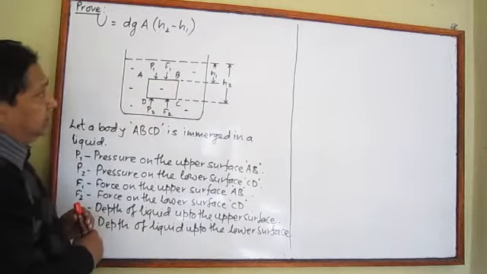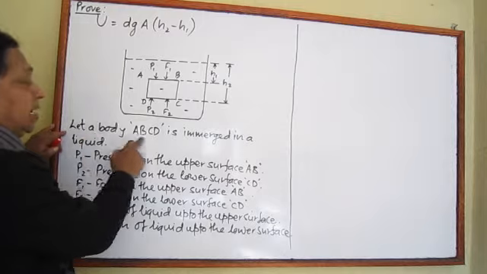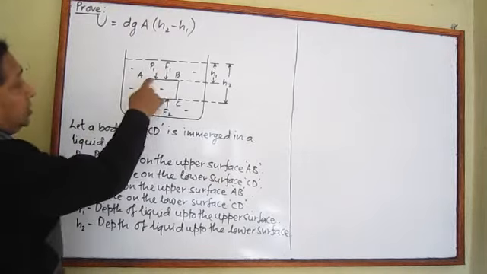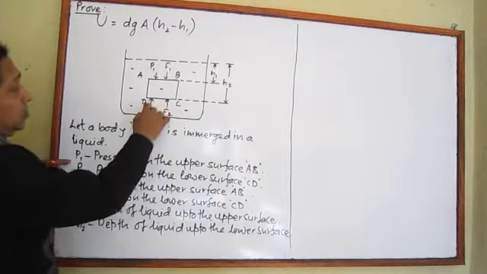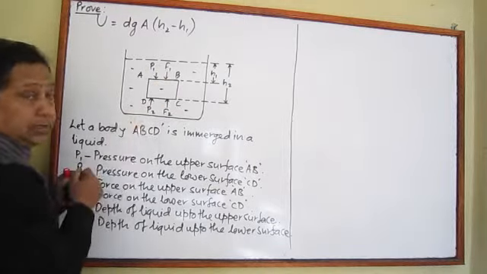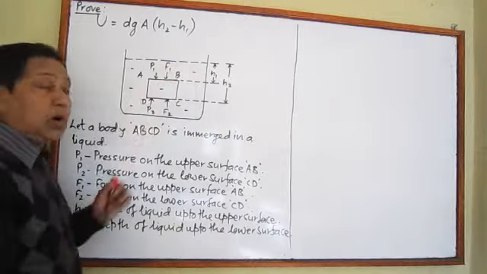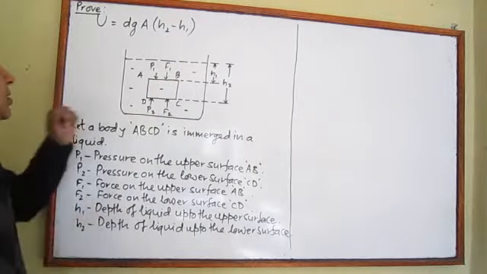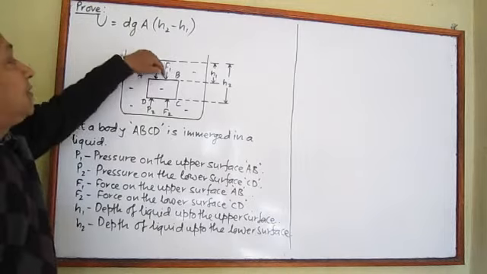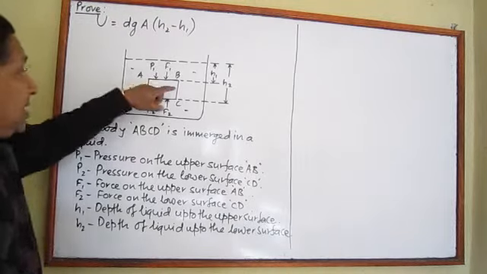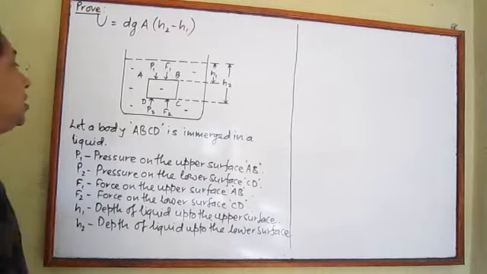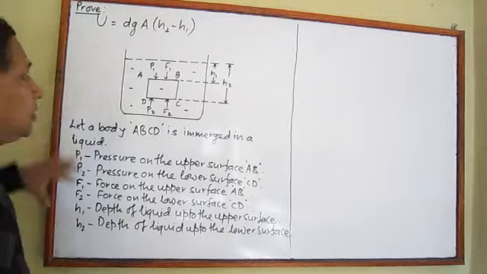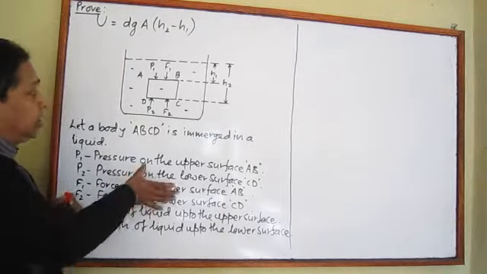Imagine it, and look at this, let a body ABCD be immersed in a liquid, and P1 is the pressure acting on the upper surface, P2 is the pressure acting on its lower surface, and F1 is the force acting on its upper surface, and F2 is the force acting on its lower surface, and S1 is the depth of the liquid up to the upper surface AB, and S2 is the depth of the liquid up to the lower surface CD. Now, after this much consideration, you can write this very shortly also.